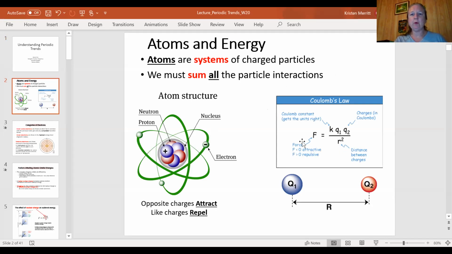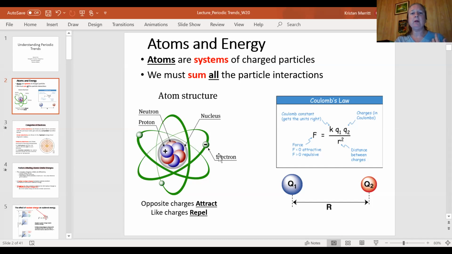So, some of the forces involved. We still have Coulomb's law, and the force is proportional to the charges multiplied times each other, and inversely related to the radius, the distance, okay?